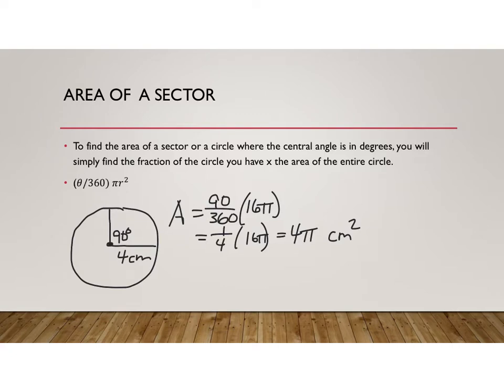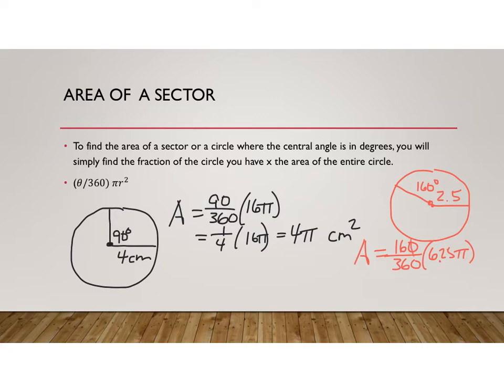If I have this circle, and let's give this a radius of 2.5, and my angle is going to be about 160 degrees. Okay, so to find the area of that sector, it'd be 160 divided by 360 times pi r squared. 2.5 squared is 6.25 times pi.